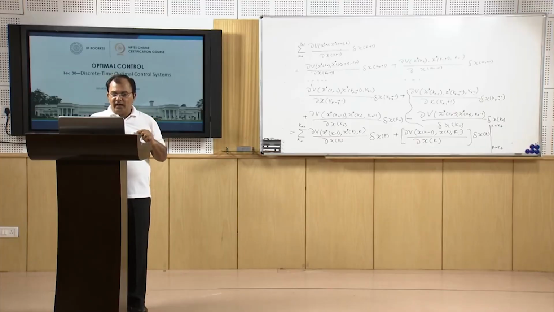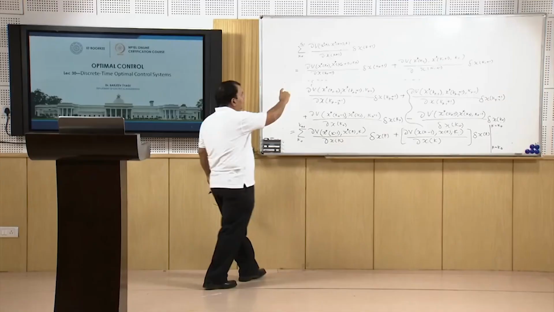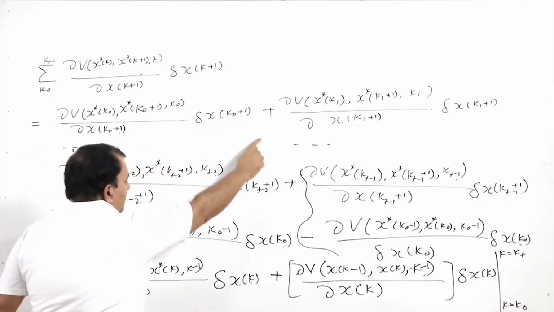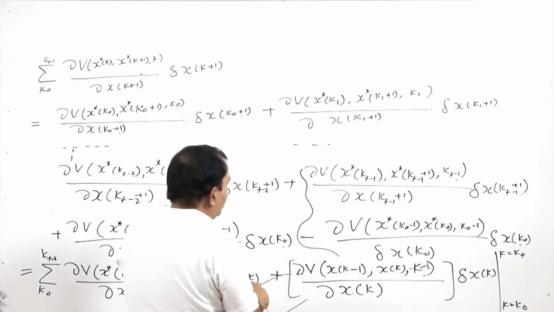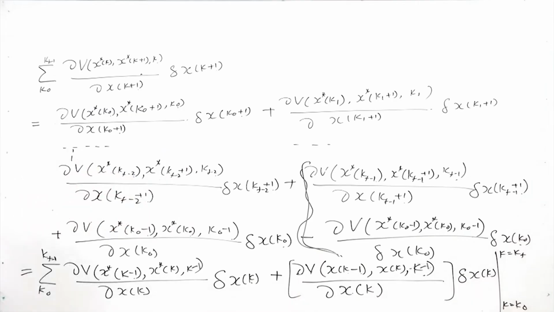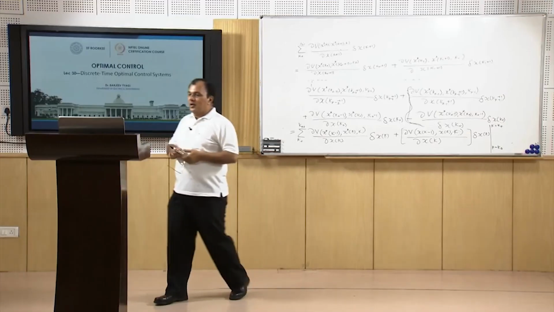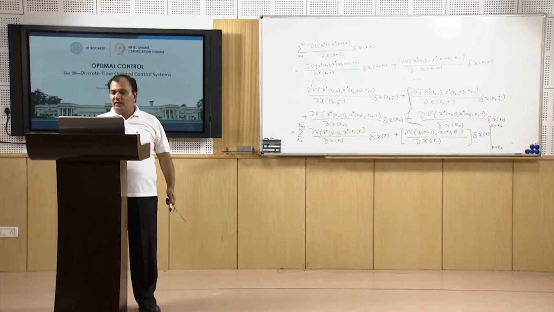So, this del v by del x of k we are writing as the summation of del v, x of k minus 1, x star of k, by delta x of k. So, this first expression I am getting with these terms except these two terms, and these two terms I am combining together.